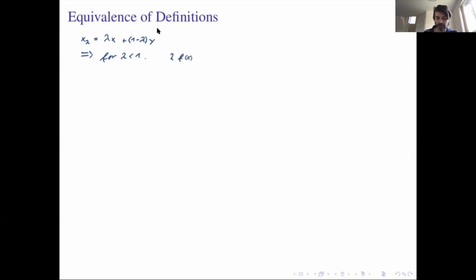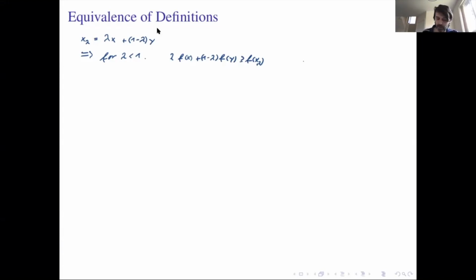So from the definition of convexity, we get directly that lambda f of x plus 1 minus lambda f of y is greater equal f of x lambda. So this is just the first definition that I've scribbled down on the page. So x lambda corresponds to the point above the graph and below the graph, and lambda f x plus 1 minus lambda f y corresponds to the line above the graph.